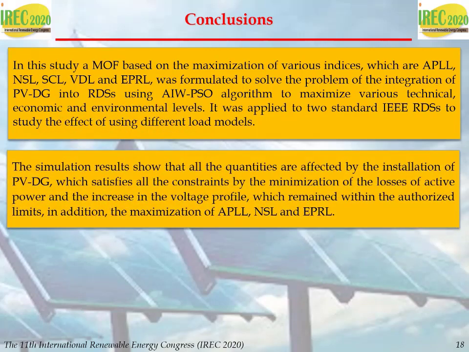The simulation results show that all the quantities are affected by the installation of PVDG, which satisfies all the constraints by the minimization of the losses of active power and the increase in the voltage profile. In addition, the maximization of APLL, NSL, and UPRL.